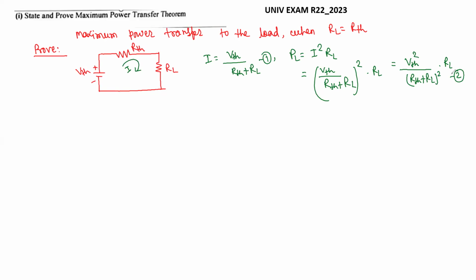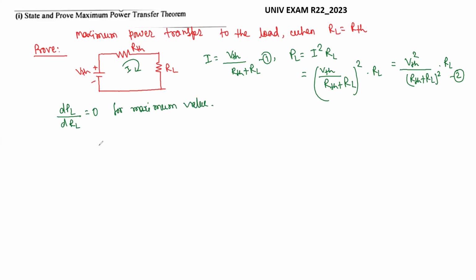After that, we are going to equate it to 0 and see how we get that condition. So finally, we take the derivative of the power with respect to load resistance. This should be equal to 0, since here we are looking for the maximum value.